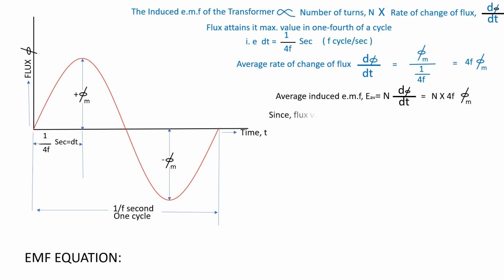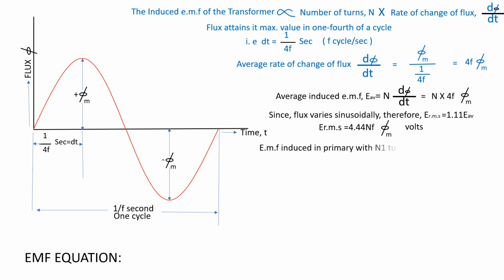Since flux varies sinusoidally, E RMS is equal to 1.11 E average. Therefore E RMS is equal to 4.44 N f phi m volts. EMF induced in the primary with N1 turns, E1, is equal to 4.44 N1 f phi m volts.